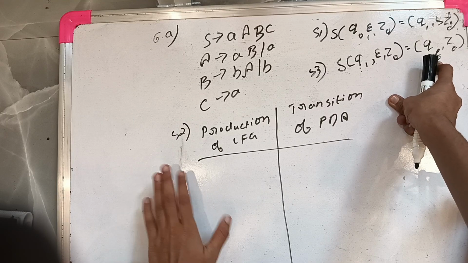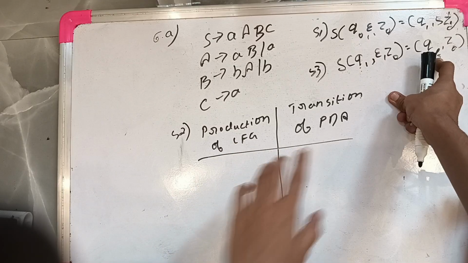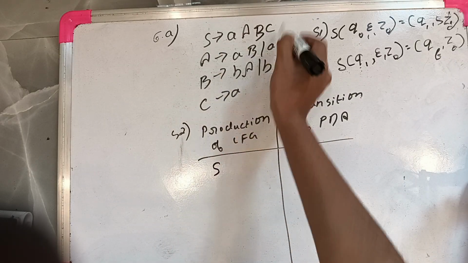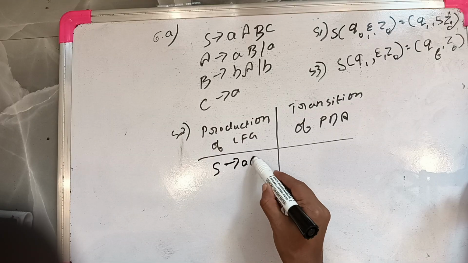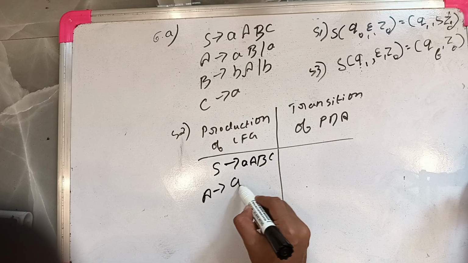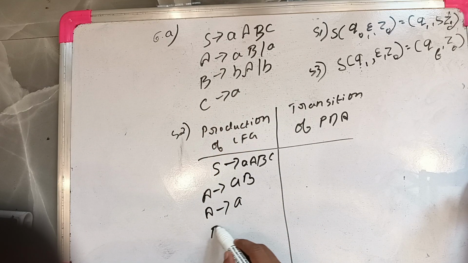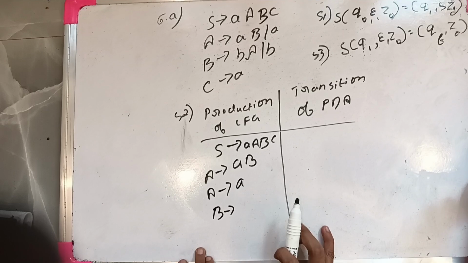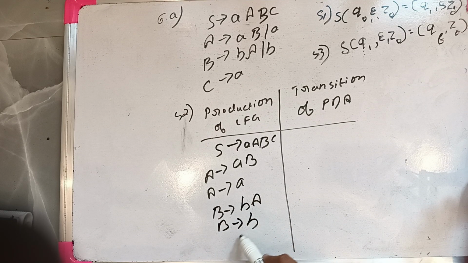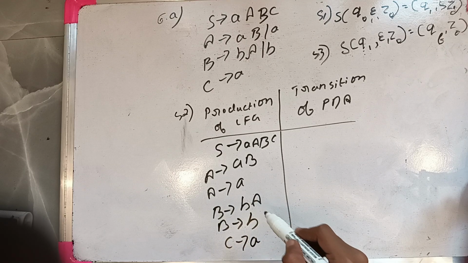We need to write step 2, that is the production of CFG and the transition of PDA. Production of CFG means nothing but write the grammar again, with the changes: A gives AB, again A gives another A, next B gives BA and B gives B, next C gives A.